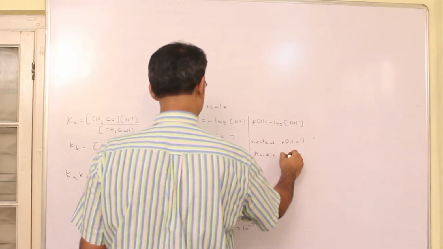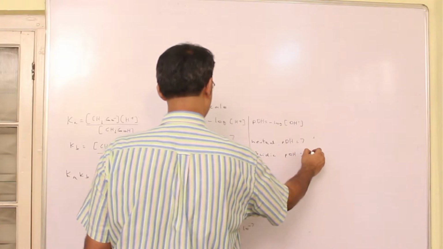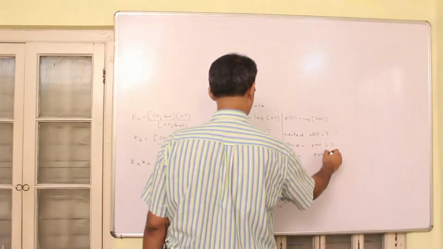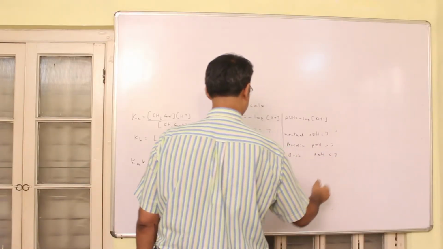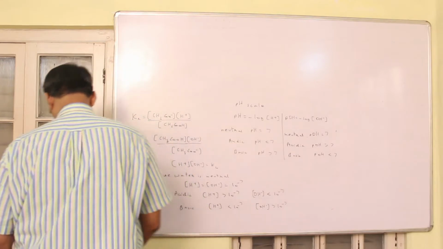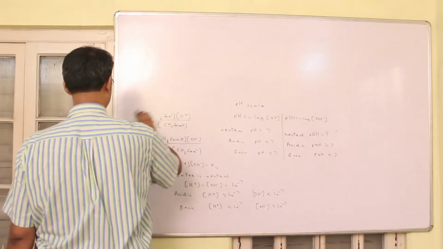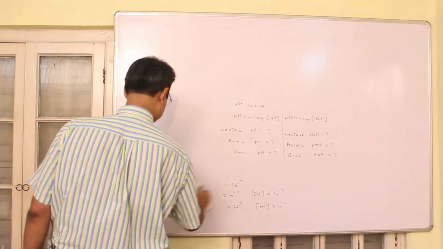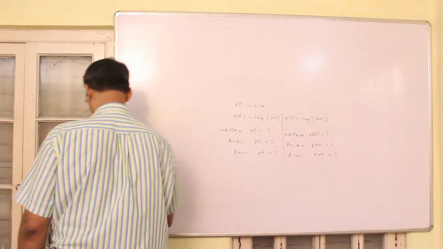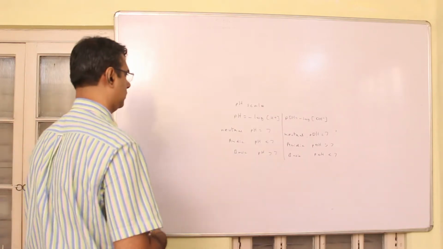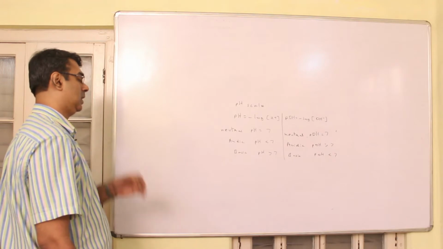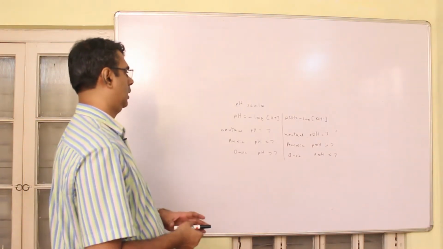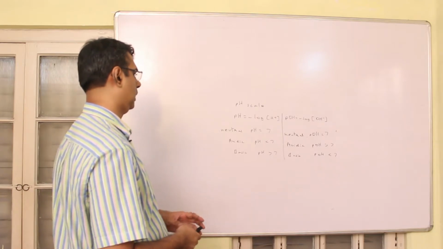If a solution is acidic, then pOH will be greater than 7. If a solution is basic, then pOH is less than 7. So these are the different parameters of judging the acidity or the basicity of any solution.